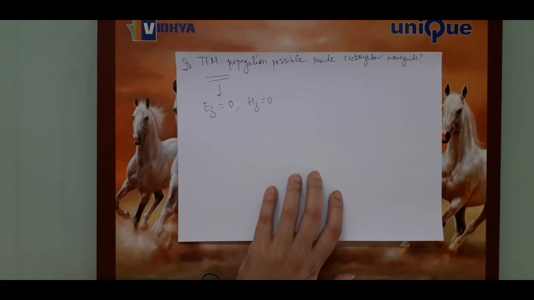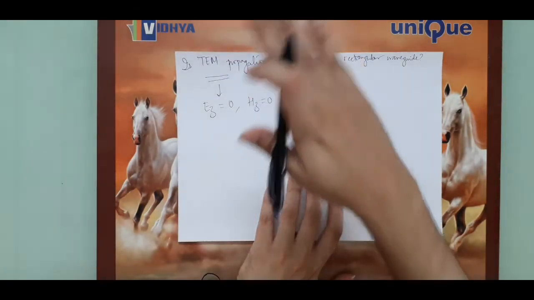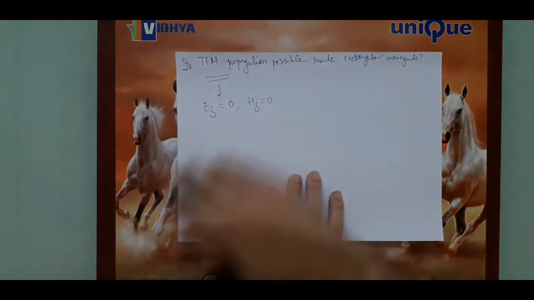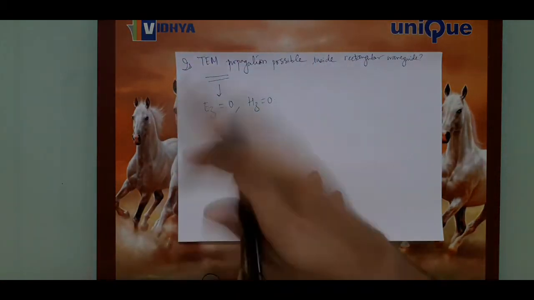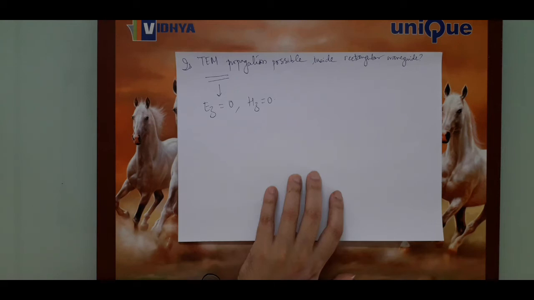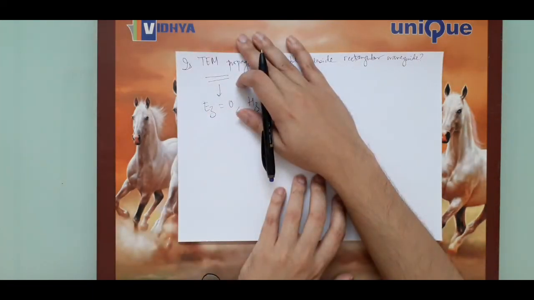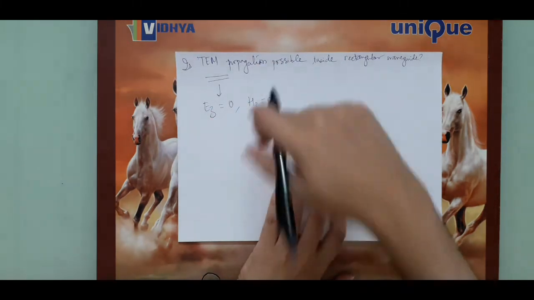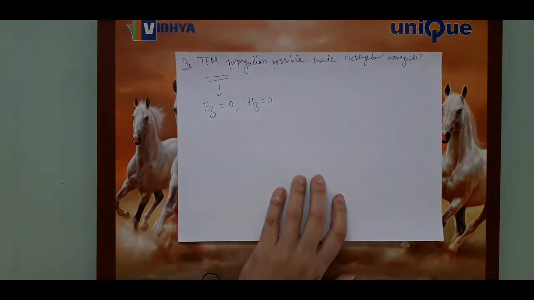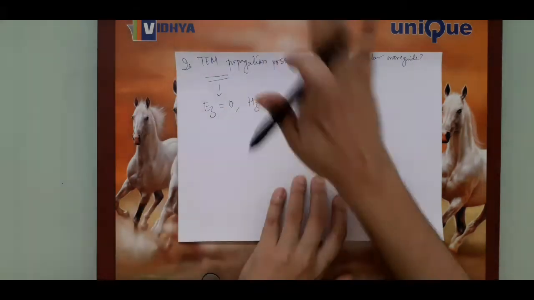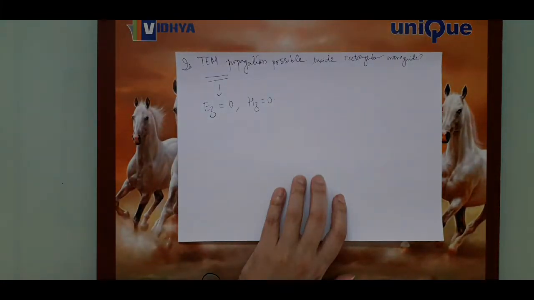And that should not be a major cause of concern, because over there we had developed the analysis technique with the underlying assumption that there will always be some component which is longitudinal. Some field component must always be there which is longitudinal. So we never really took TEM into consideration when developing that model. Therefore, those equations where we get the transverse fields as functions of the longitudinal fields cannot be used for this analysis. So we shall look at this problem a little more qualitatively.